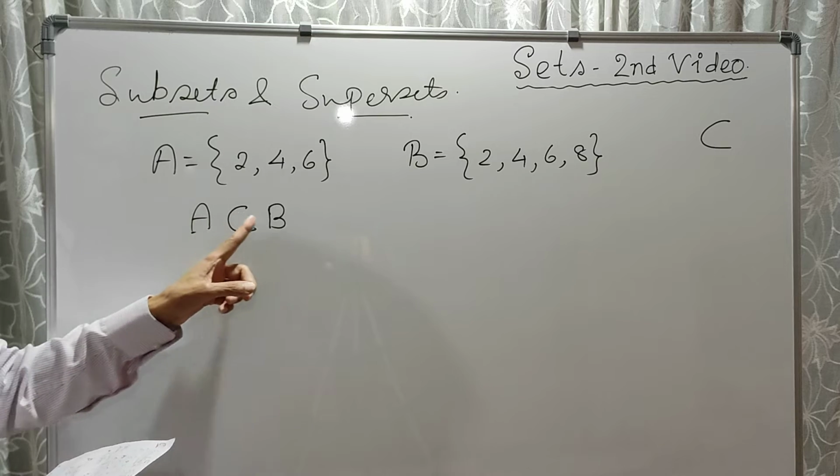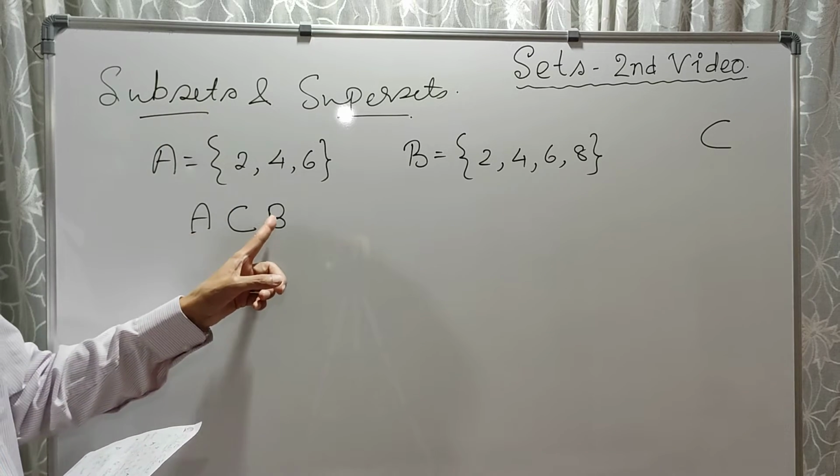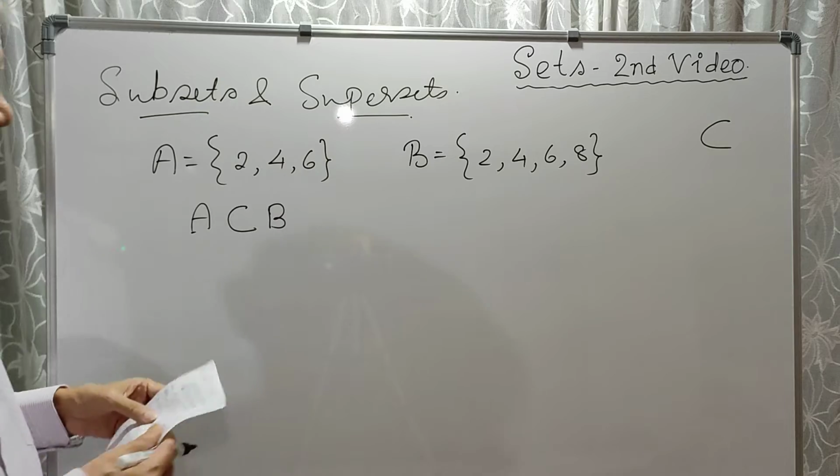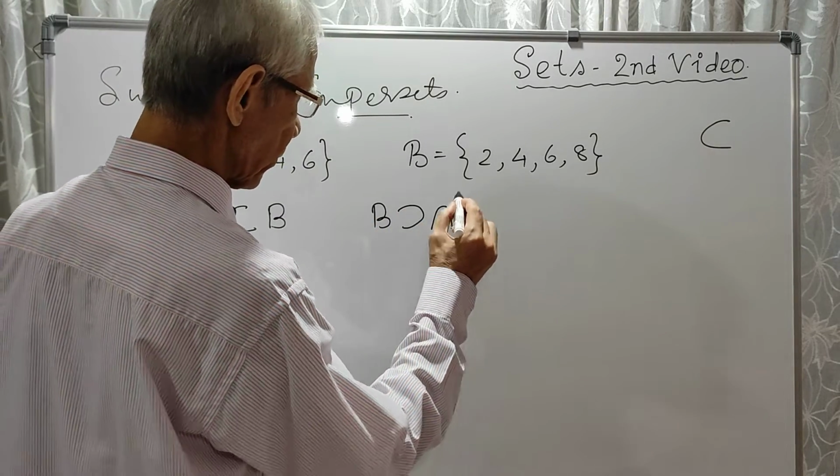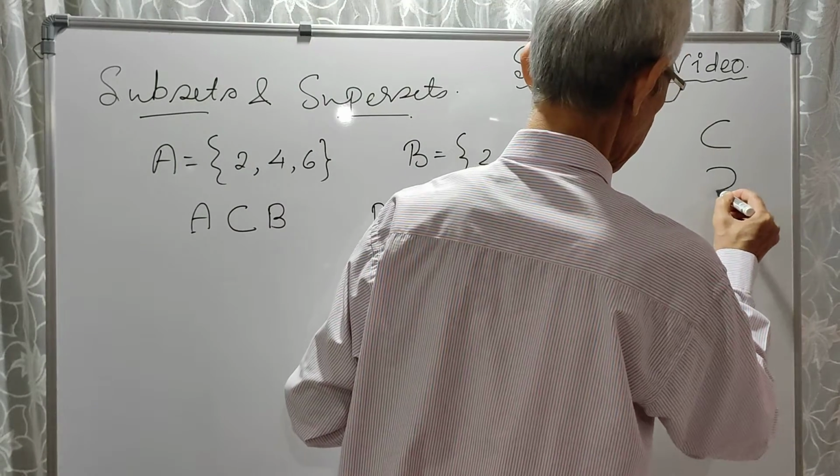Now if A is a subset of B, conversely we say B is a superset of A. So we write B is a superset of A. This is the symbol of subset, and this is the symbol of superset.